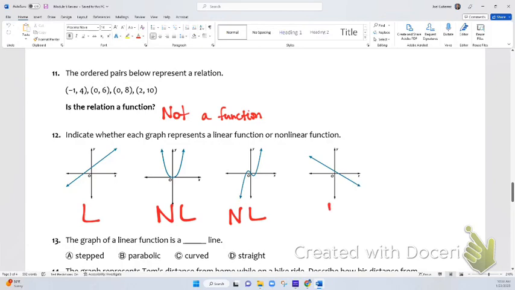And then the fourth one, linear. You are just simply taking a look at if it is a straight line or not. Straight line, linear. Non-straight line, non-linear function. Number 13, the graph of a linear function is a straight line. So the answer for that one is letter D.